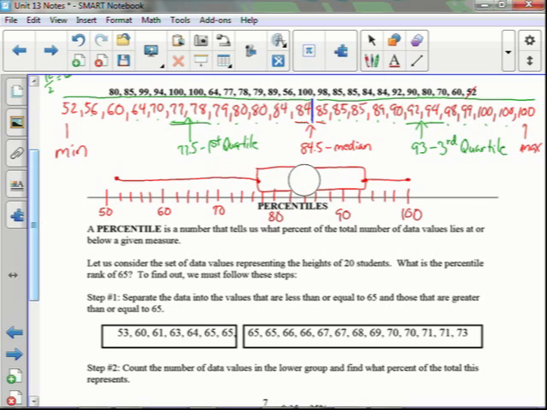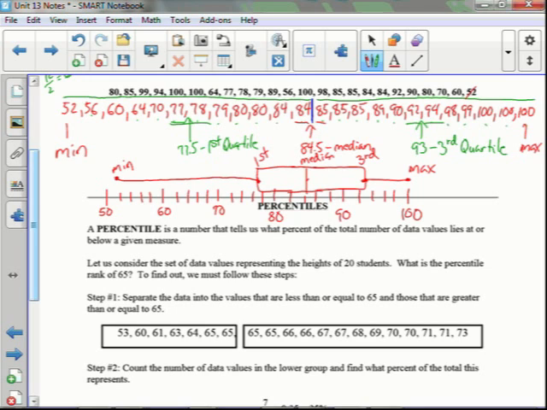I'm going to change that just a little bit. Okay. So again, this is your minimum. This is your maximum. Here's our first quartile. Here's our median or second quartile. And here is our third quartile.